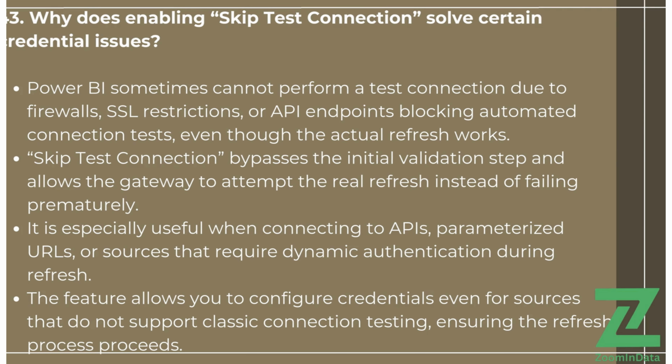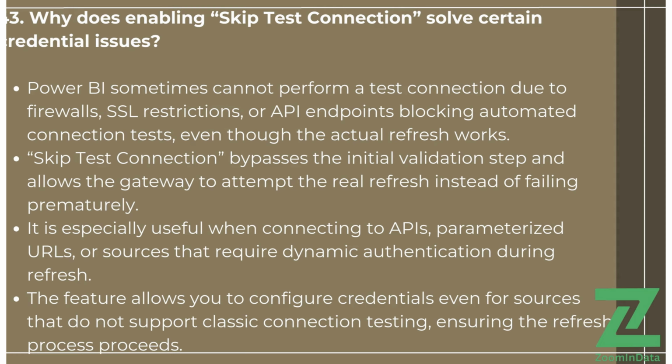43rd question. Why does enabling skip test connection solve certain credential issues? Power BI sometimes cannot perform a test connection due to firewalls, SSL restrictions, or API endpoints blocking automated connection tests, even though the actual refresh works.